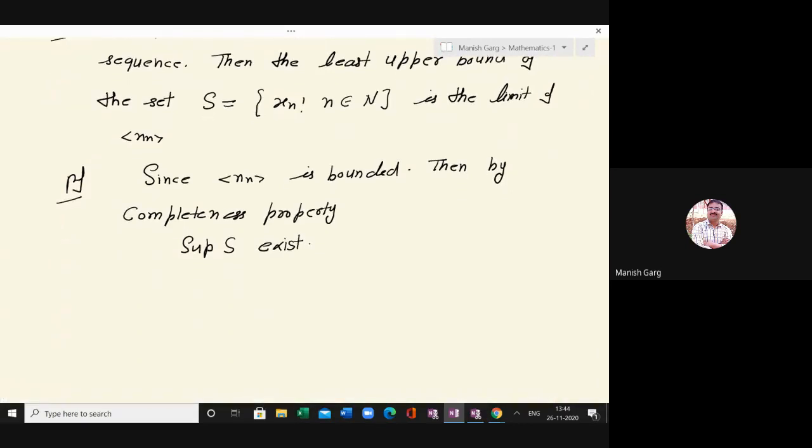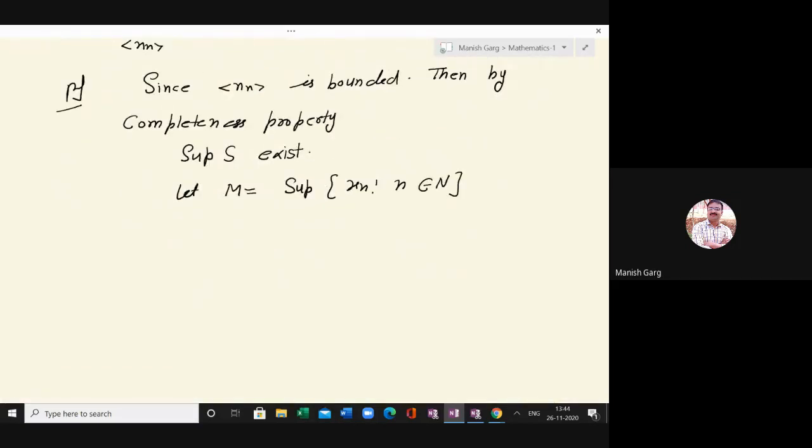Every set which is bounded above has a supremum. Let M be the supremum of this set. Now you have to prove that this sequence Xn converges to M. So you want to prove |Xn minus M| is less than epsilon for n greater than some n naught.